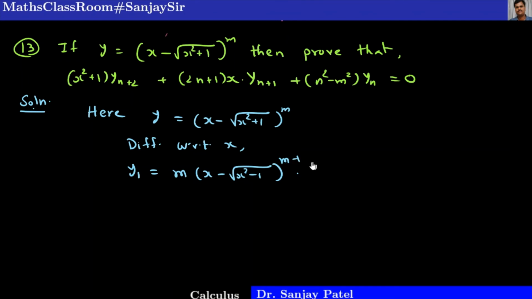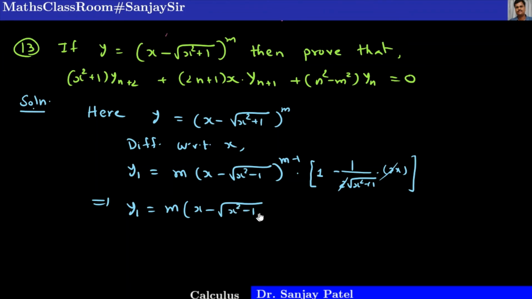So using that, derivative of x is 1 minus derivative of square root of x square plus 1, which is 1 upon 2 root of x square plus 1 into 2x. So this 2 gets cancelled, and then we'll simplify this further.